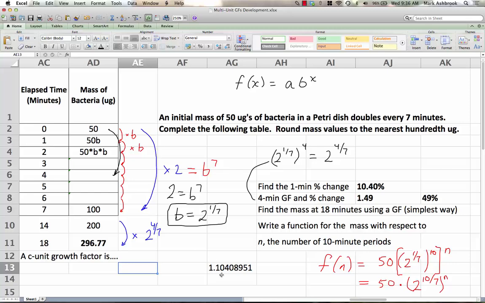Yeah, and Michael even has an easier way, actually. Oh, okay, I'm all about that. Tell me. So if you multiply out 1.104 10 times itself, you get 50 times 2.69 to the n power. So you're just finding what this 10, exactly. Yeah. So this is the 10-unit growth factor.